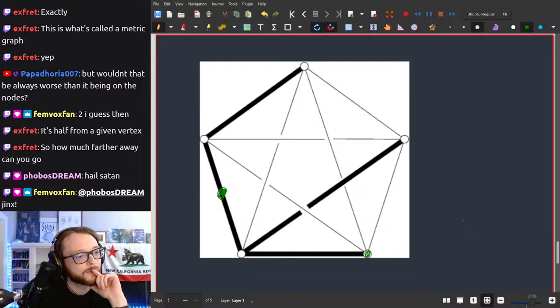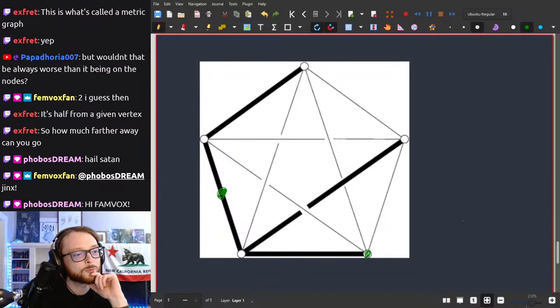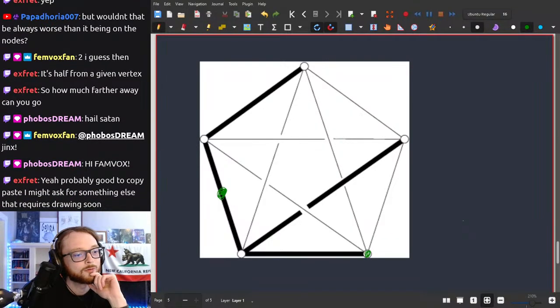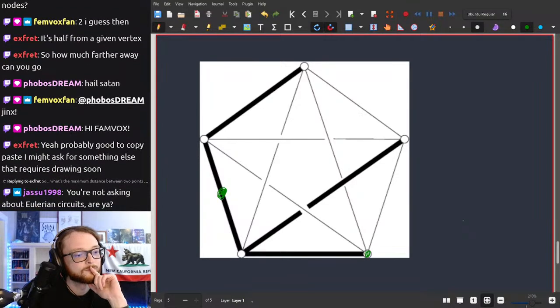Wait, the maximum distance between 2 points if each edge is distance 1. So if I'm being obtuse and taking the worst path possible, 1, 2. I assume I can't retrace.